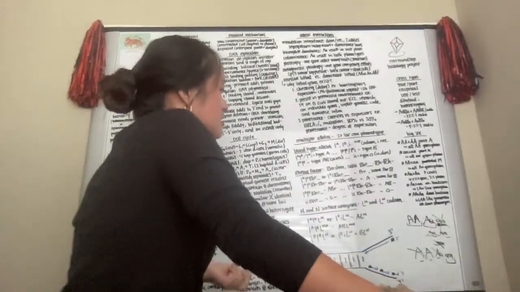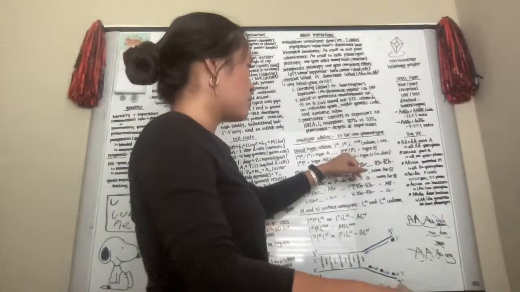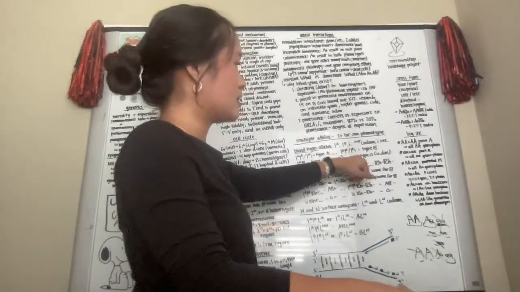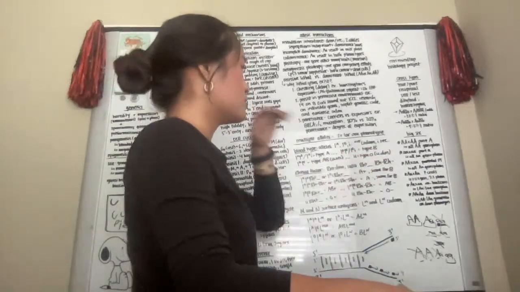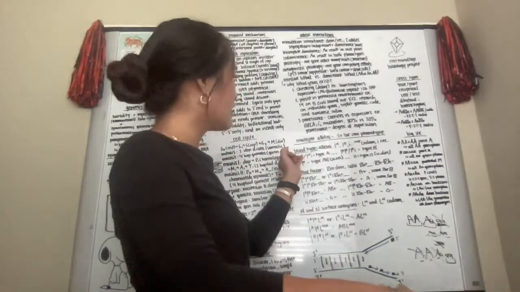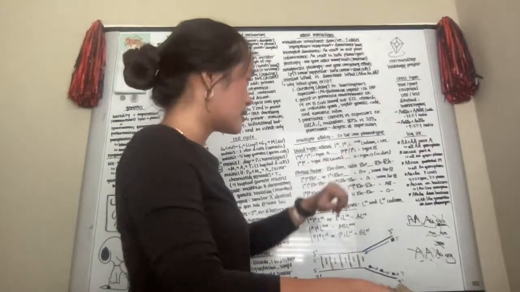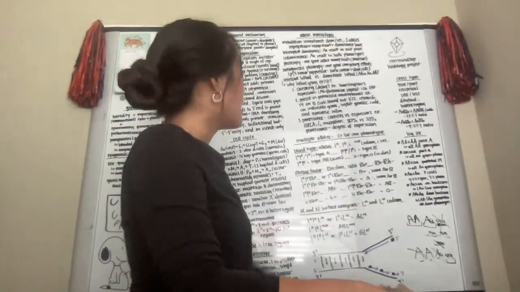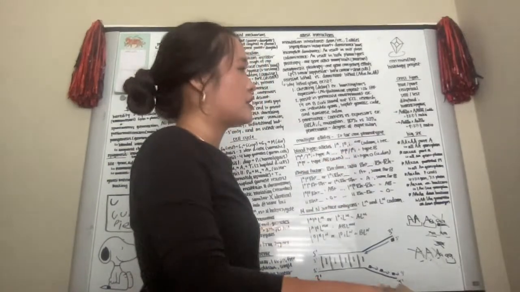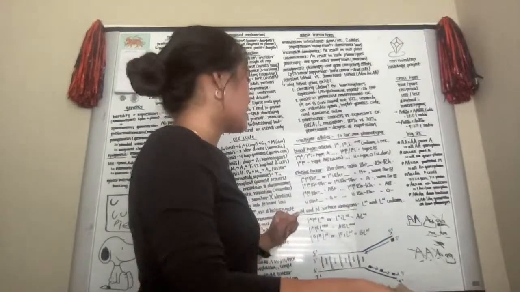Type AB is also the universal recipient of blood. And type lowercase i will be type O, which is the universal donor. A fun thing to say: type A has A antigens and B antibodies. Type B has B antigens and A antibodies. Type AB has A and B antigens and no antibodies, which is why they're the universal recipient, because the antibodies won't be attacking anybody.